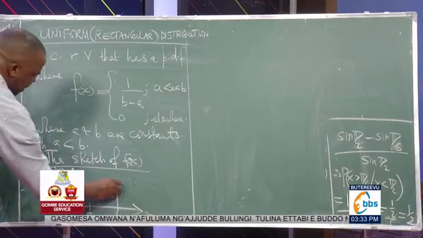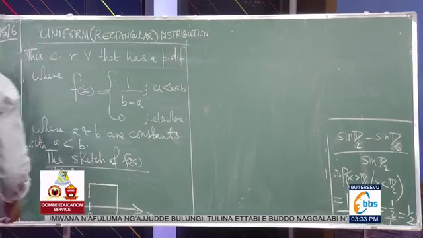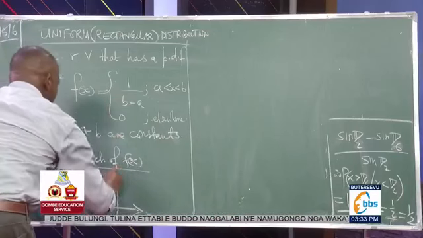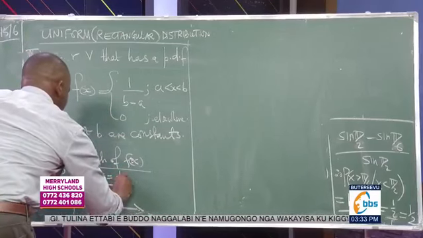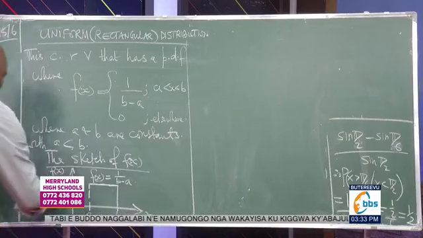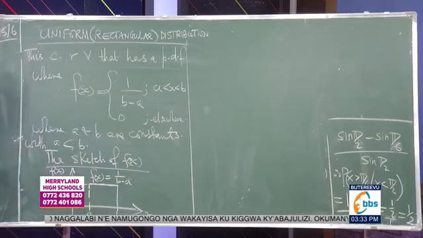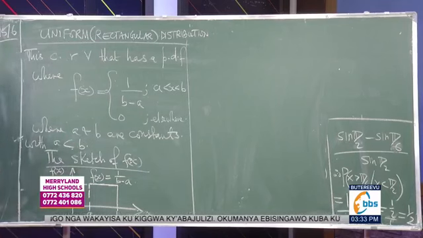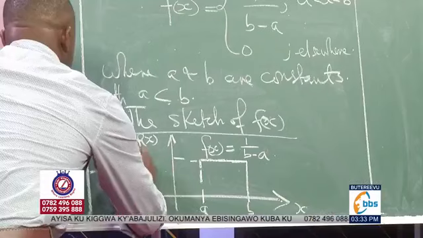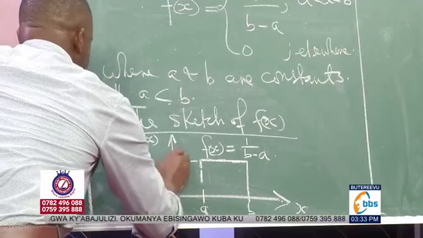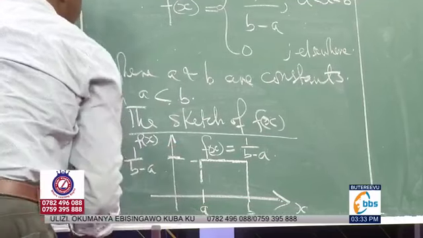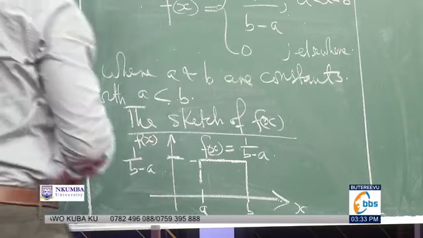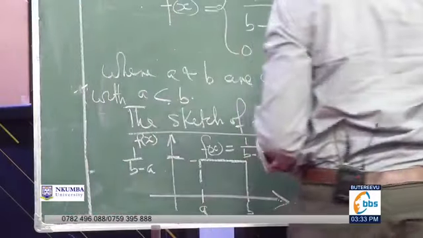And the function is ideally here, where we say our f of x is actually equal to 1 over b minus a. The reason why it derives its name as rectangular is because the shape formed is rectangular. This value here is 1 over b minus a.